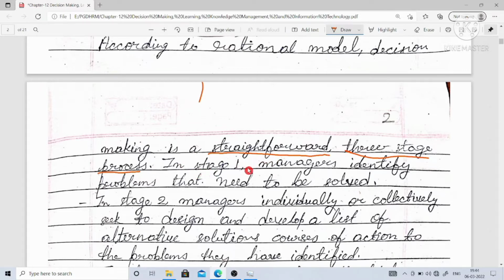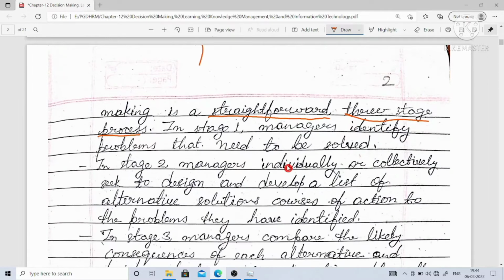How many stages are required? Three stages. In stage 1, managers identify problems that need to be solved.